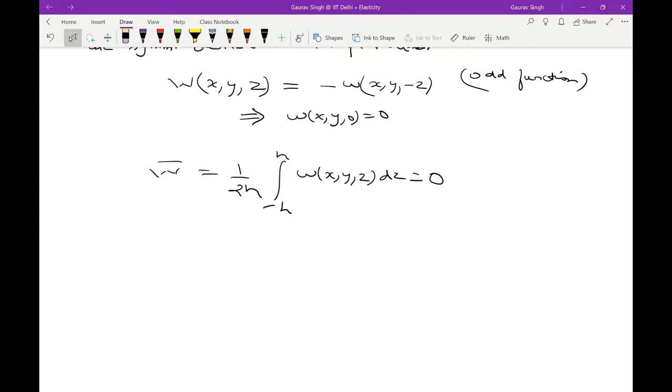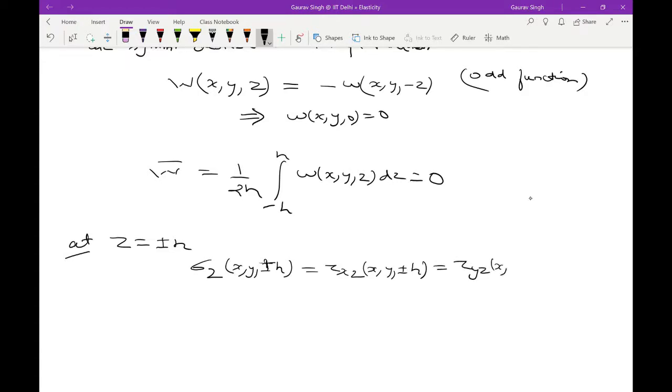Now, at these two surfaces, sigma z at (x, y, plus minus h) is the same as, okay, so these are the assumed stress. If you know the stress, you know the tractions as well.